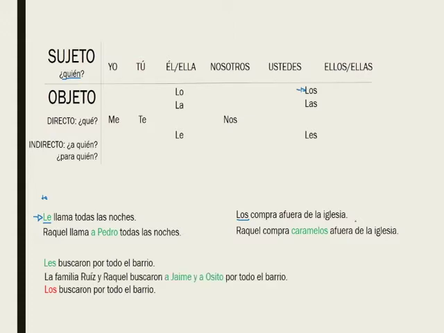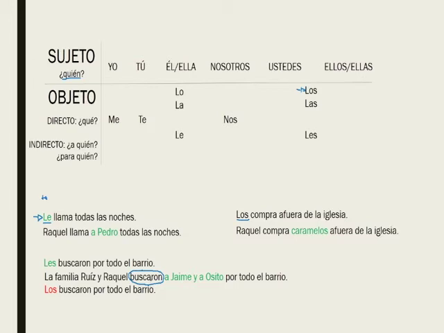So in my sentence, la familia Ruiz y Raquel buscaron a Jaime y a Osito por todo el barrio. So let's find our verb first. Always, always find your verb because this will give you all the answers you need to know. Let's start trying to find the subject.